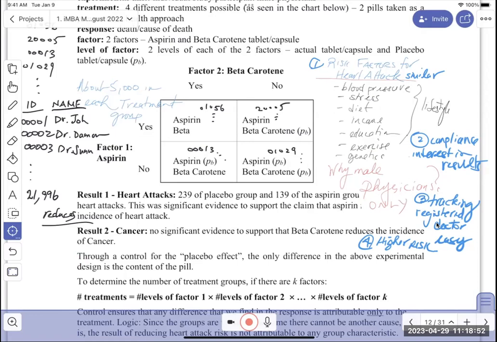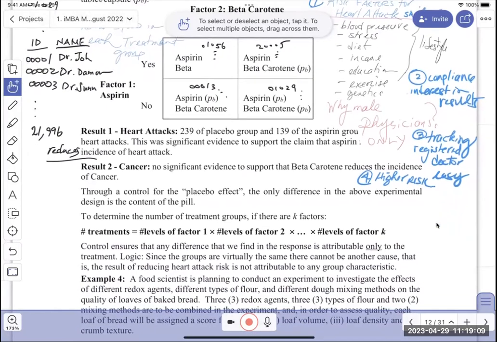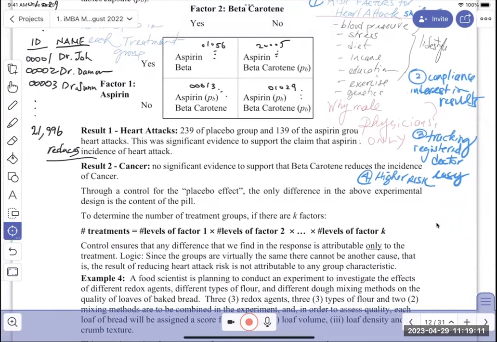From 2 factors and 2 levels, we created 4 treatments. Now you're going to see how this works. You can see the matrix here. To compute the number of treatments, you take the number of levels of factor 1 times the number of levels of factor 2, and so on.